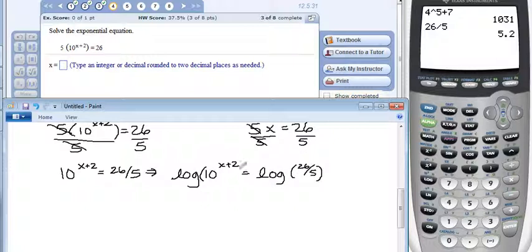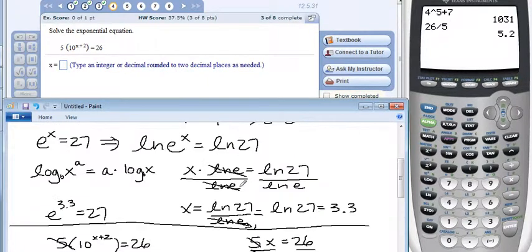So this is the piece that's inside, that's what you're logging. I took the log of both sides. Like I said before, as long as I do the same thing to each side, I'm fine. I can't take the log base 10 on this side and the natural log on that side. That's not the same thing. But I can do natural log and natural log, or common and common.